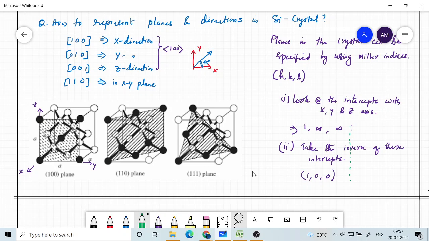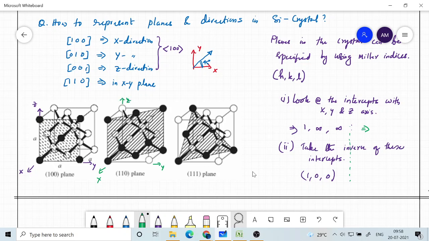For the second case, if this is x, it has some x intercept. So this is our x, y, and z.